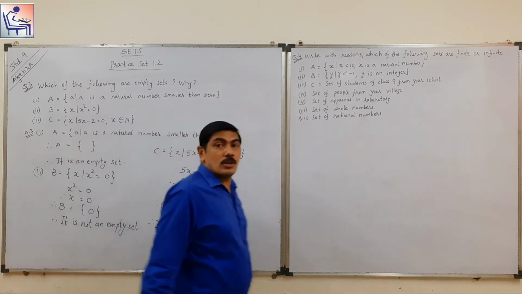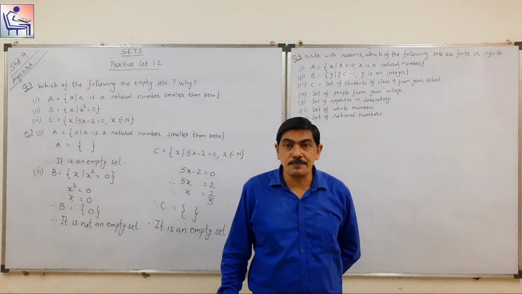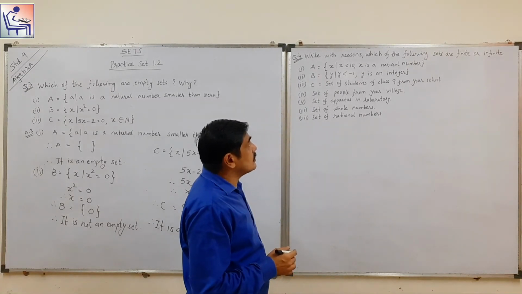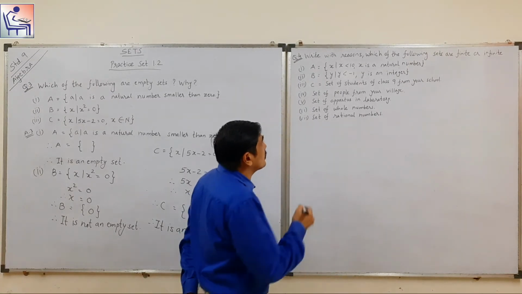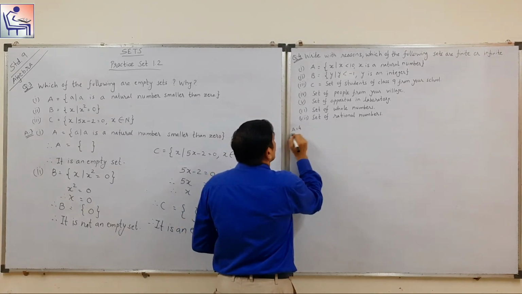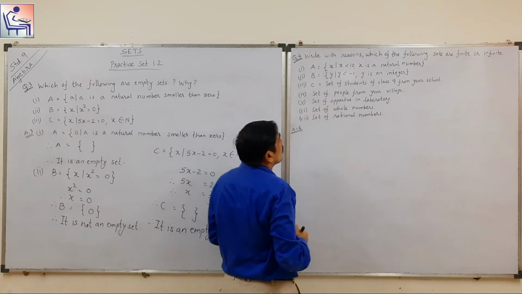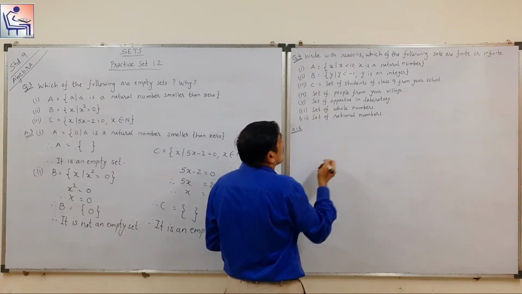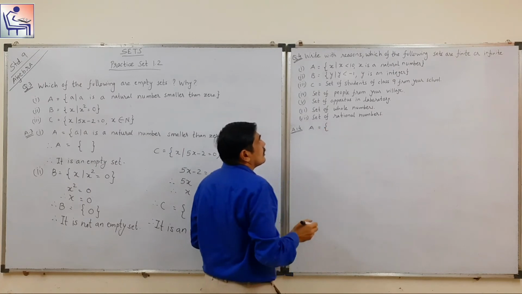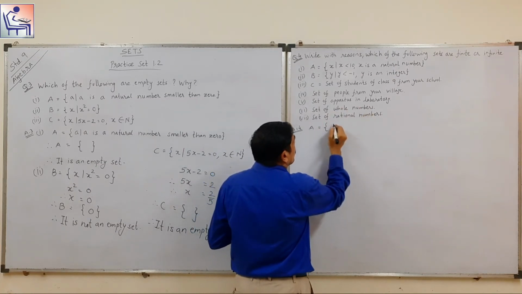Now we will move towards question number 4. In this question, write with reasons which of the following sets are finite or infinite. The first one: A is the set of all x such that x is less than 10 and x is a natural number.